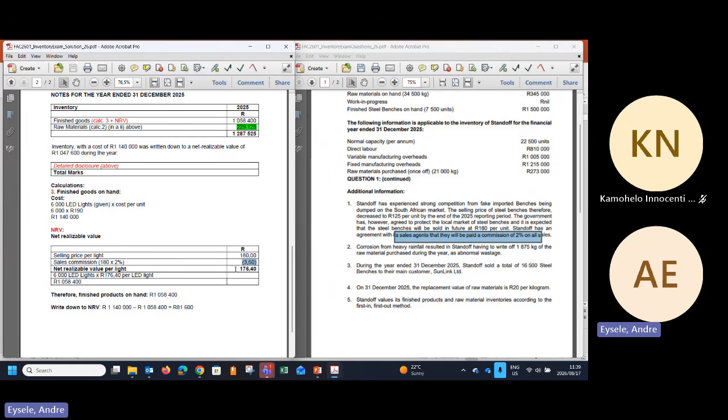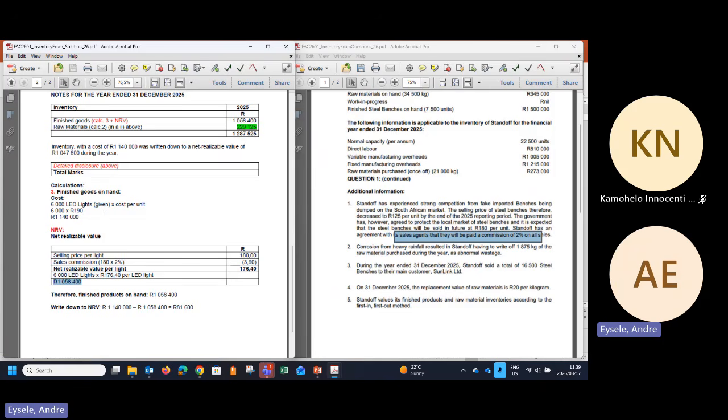And then we can say 176. So our NRV is not 180 rand, but it's 176 rand 40. And then you multiply that by 6,000. When you get 6,000 times 176, the NRV gives you 1850.